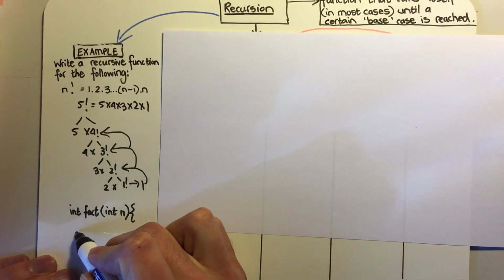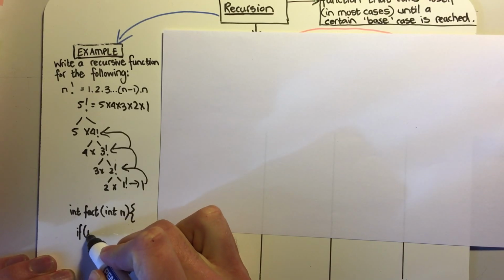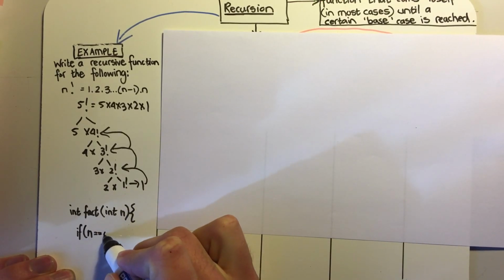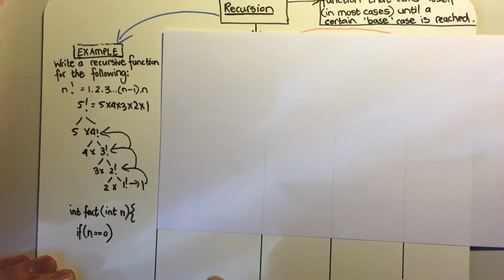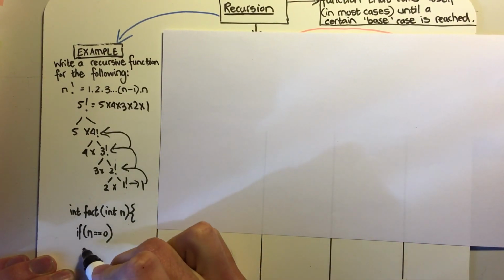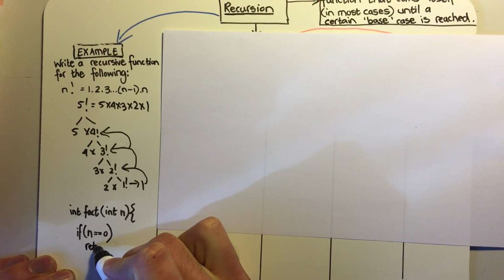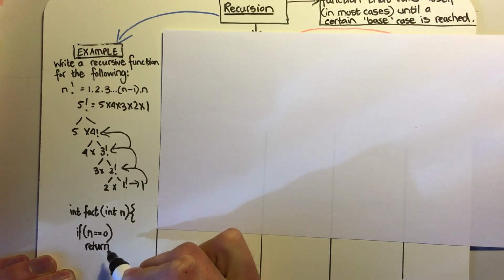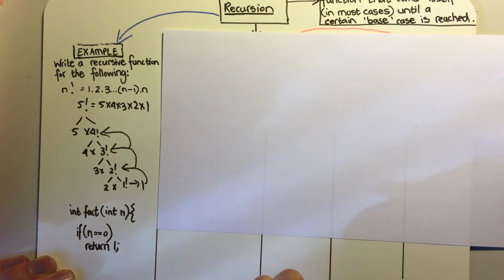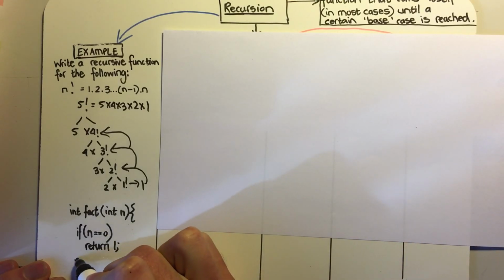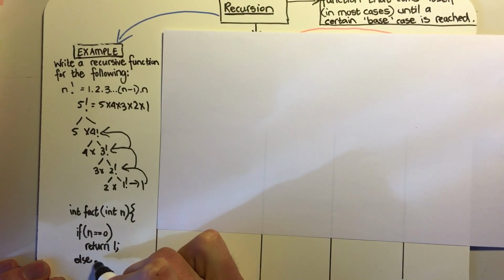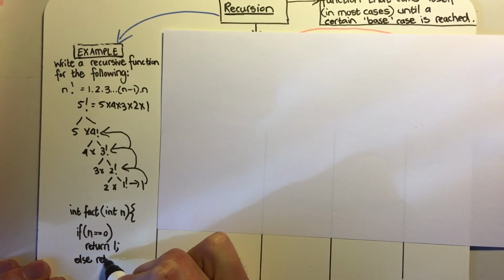So let's see, if n equals 0, 0 factorial, by the way, is also 1. So then we return 1. Else, what do we want to do? Well, let's have a look. Else return.